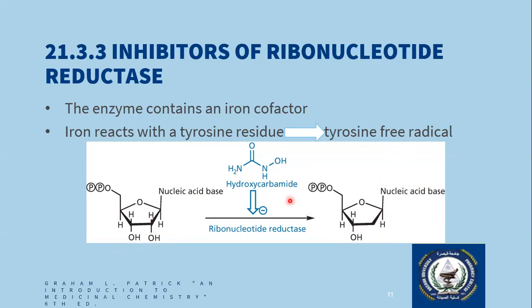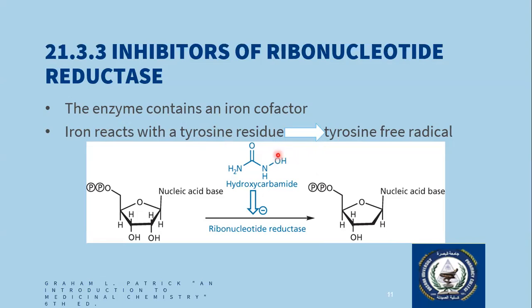deoxyribonucleoside. Hydroxycarbamide, you see the structure here, is an enzyme inhibitor for the ribonucleotide reductase. The hydroxycarbamide will interact with iron and stabilize the iron core. Basically, it will prevent iron from interacting with tyrosine. Why?